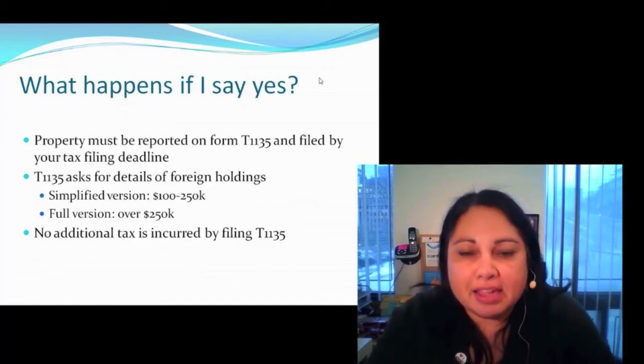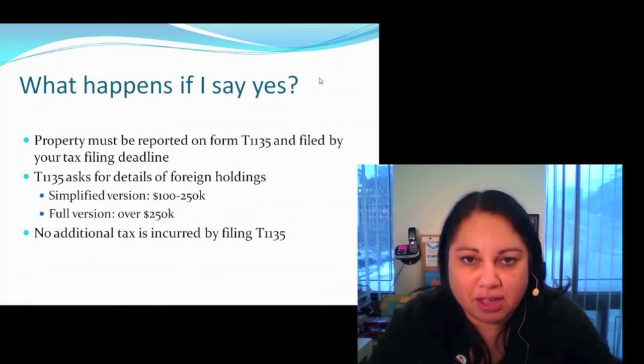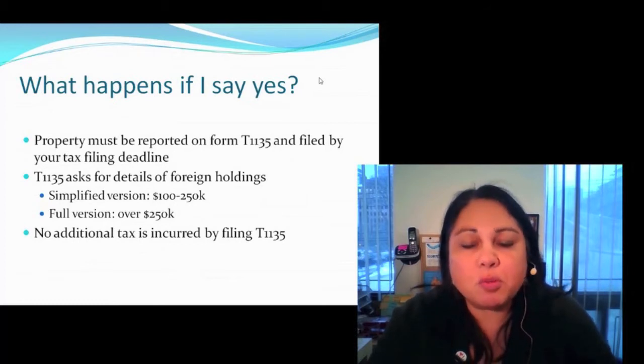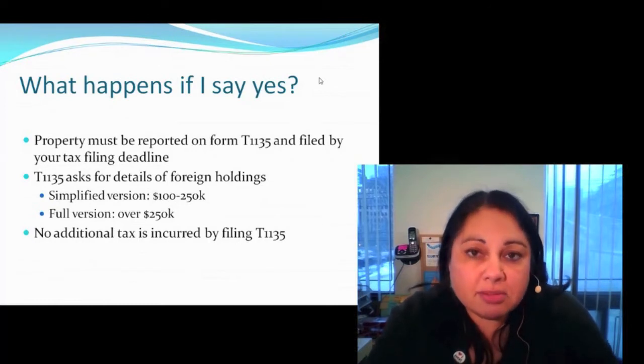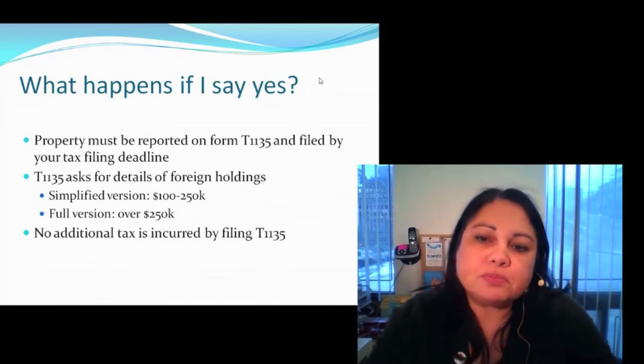Now, if you say yes to this question, that opens up a whole other form that you are required to file called a Form T1135. And this is a form where you report all the foreign property that you have that adds up to this $100,000 and more in value. You'll have to include some details about that property as specified by the form.